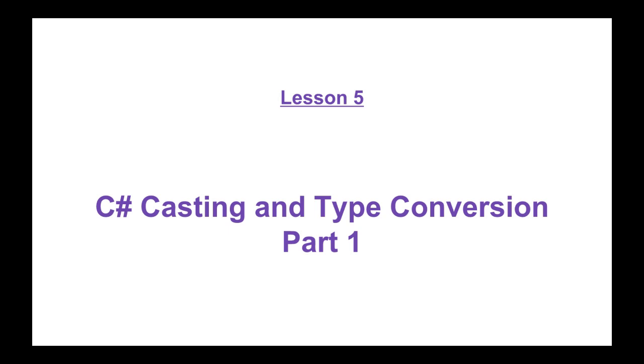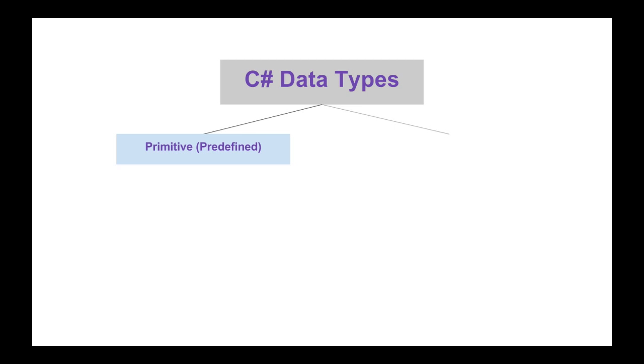We also learned that we have two types of data type in C#. We have primitive data type, also known as predefined data type or built-in data type. And the second type is the non-primitive data type, which is the user-defined data type.